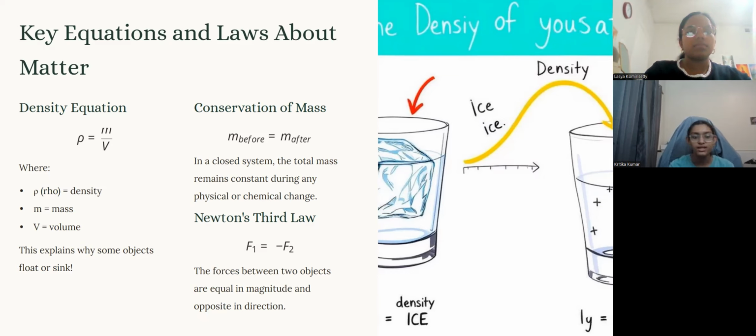This explains why some objects float or sink. Think about it: if we put a rock in water, it's going to sink down. That is because a rock is denser. And why is that? That is because a rock has greater mass. And even if it doesn't have greater mass, it possibly has a difference in volume that makes its density higher than water's.